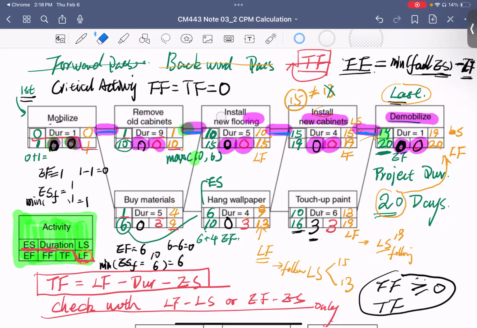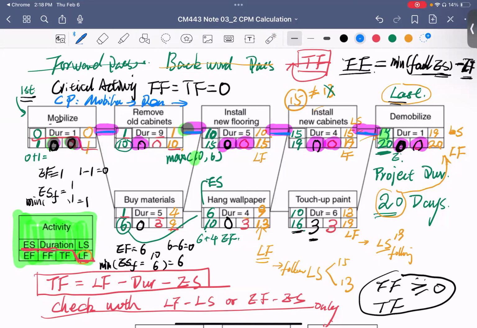You only need to highlight this. And don't forget to write down your critical path: mobilize, to remove something, to install something, to install again, to demobilize.